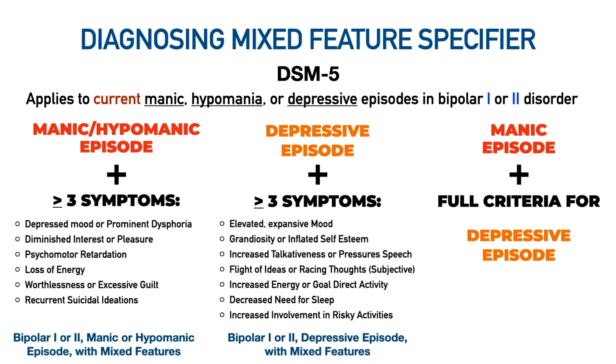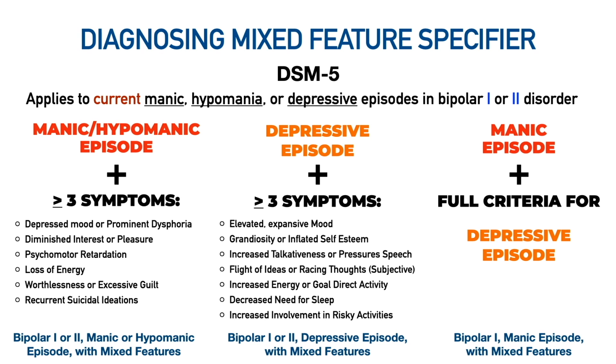What will the diagnosis be then? Well, according to DSM-5, you will diagnose your patient with bipolar 1 manic episode with mixed features. So, this was a very brief overview of how DSM-5 now diagnoses this as a specifier.